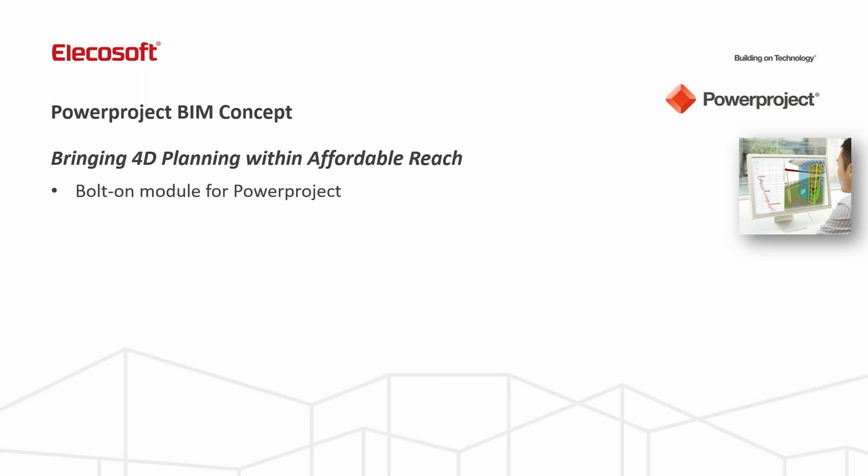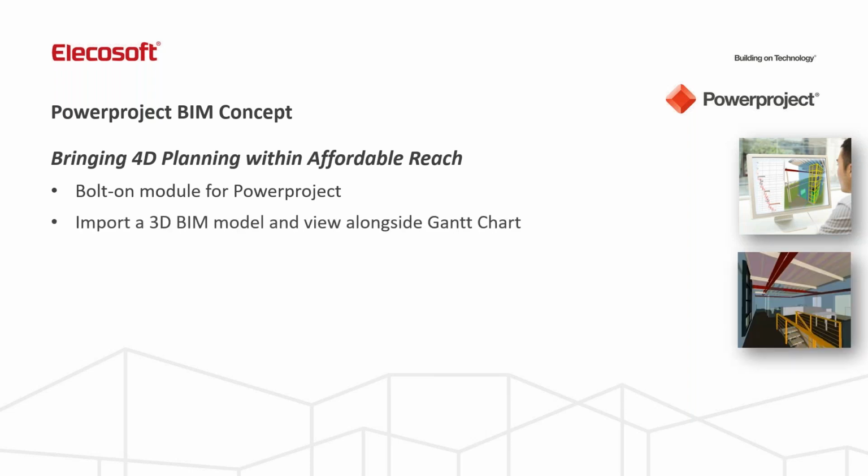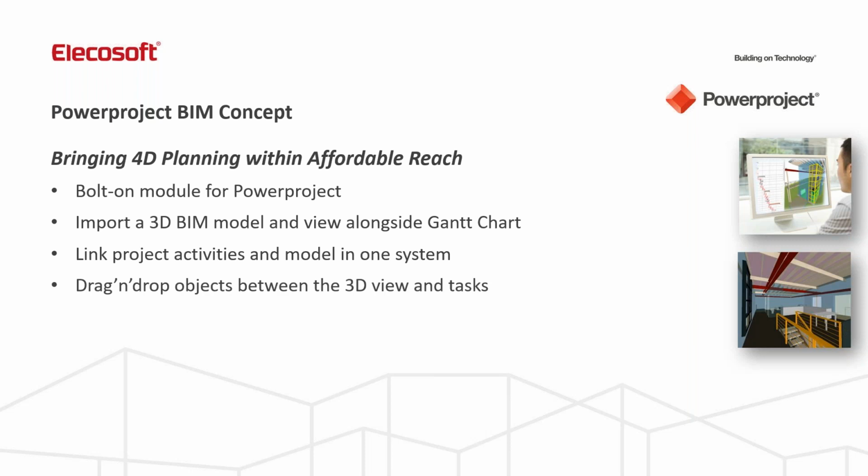So by providing a bolt-on module for Powerproject, you're embedding into one product functionality which is familiar to individuals, so they know how to use it already, but adding that extra layer of information by bringing a 3D model into Powerproject, displaying it alongside your Gantt chart, and giving you familiar techniques to link those items up. So you're not having to relearn new products, but also importantly, it's all in one product.